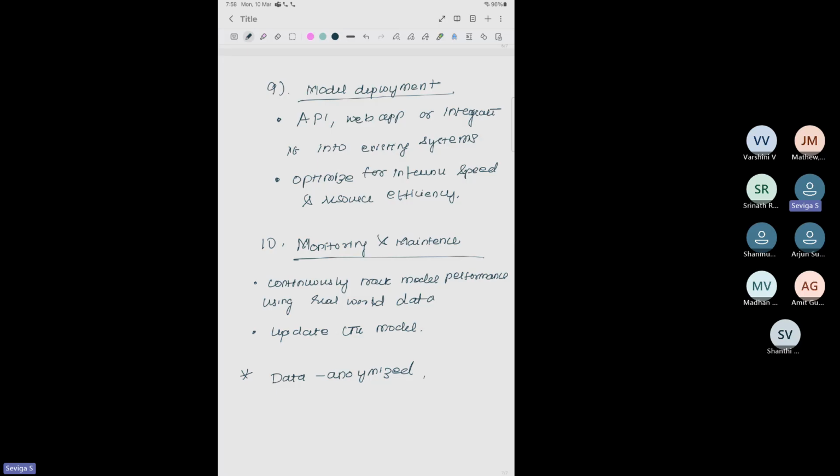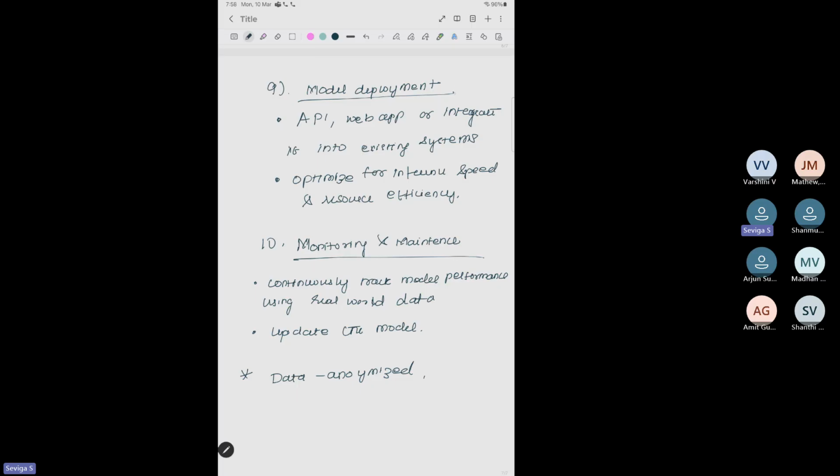But if you are using it in your project, make sure that the patient information is anonymized. In the medical domain, after monitoring and maintenance, we will also look for clinical validation, before you deploy the model. These are the steps for a general machine learning project, and this is applicable even for medical data.